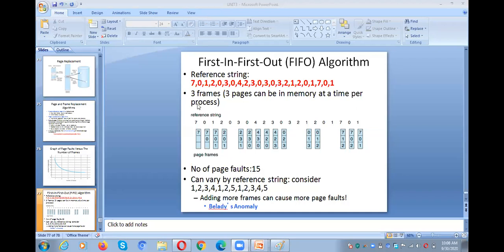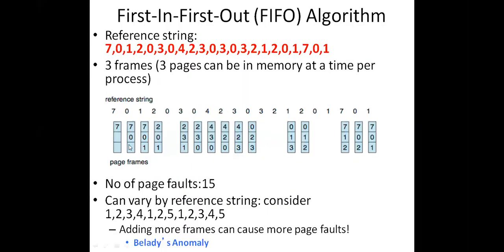The reference string is 7 0 1 2 0 3, and per process only 3 frames are available. Initially 7 is not available in the frame, so we need to keep the 7.